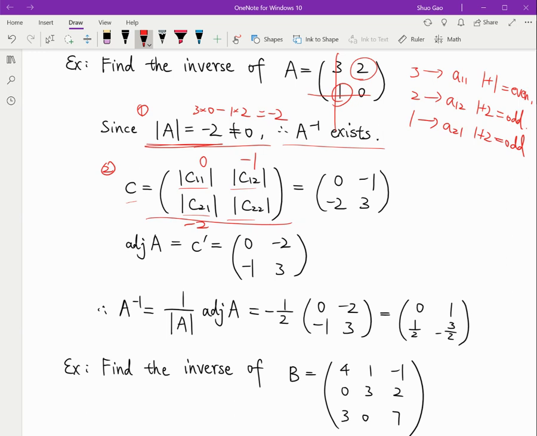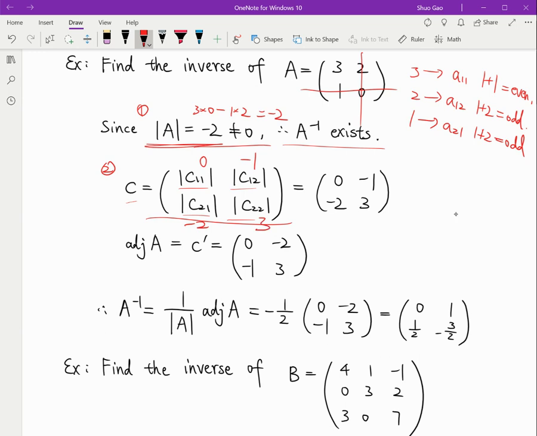And the last one, C22, is the cofactor of the 0 element here. The cofactor of the element 0 is to delete the second row and second column. So I have the number 3 left.